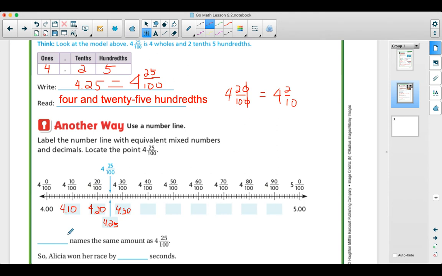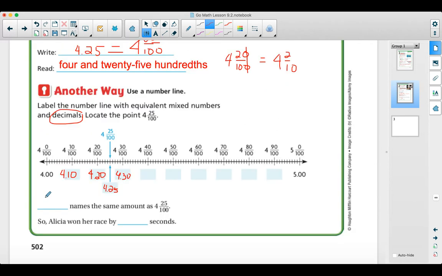Okay, so they want you to write it as a decimal. So 4.25 is the same as 4 and 25/100ths.